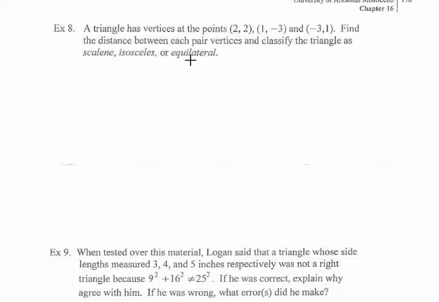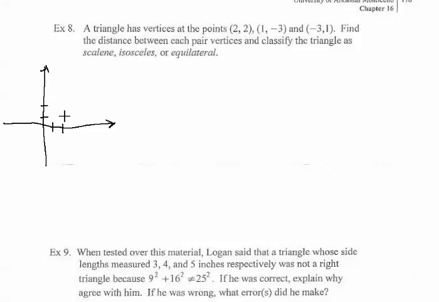Okay, what they tell us is that we have a triangle plotted on a coordinate plane, and these are the 3 points of the triangle. They want us to determine whether it's scalene, isosceles, or equilateral. So first we'll sort of sketch it. The first point is at 2, 2.